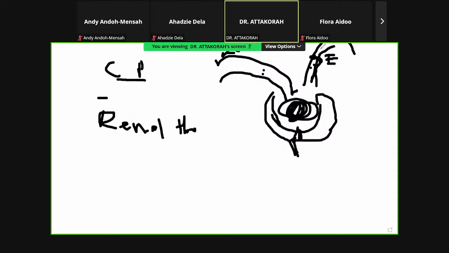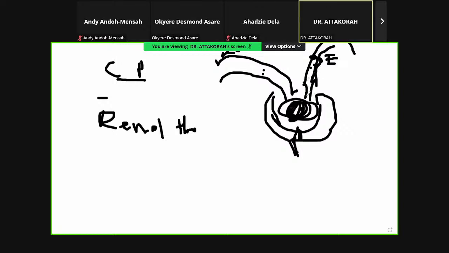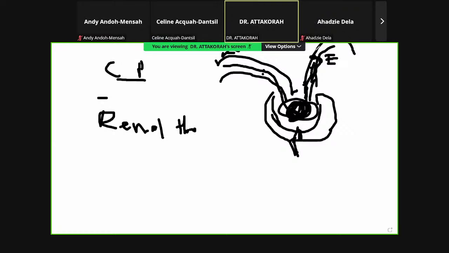So the size of the lumen of the efferent artery, efferent is taking blood away. This blood coming will go through the capillaries here and the filtration occurs, and the rest will leave the Bowman capsules via the efferent arteries. It means that the lumen here should be smaller than the lumen here.